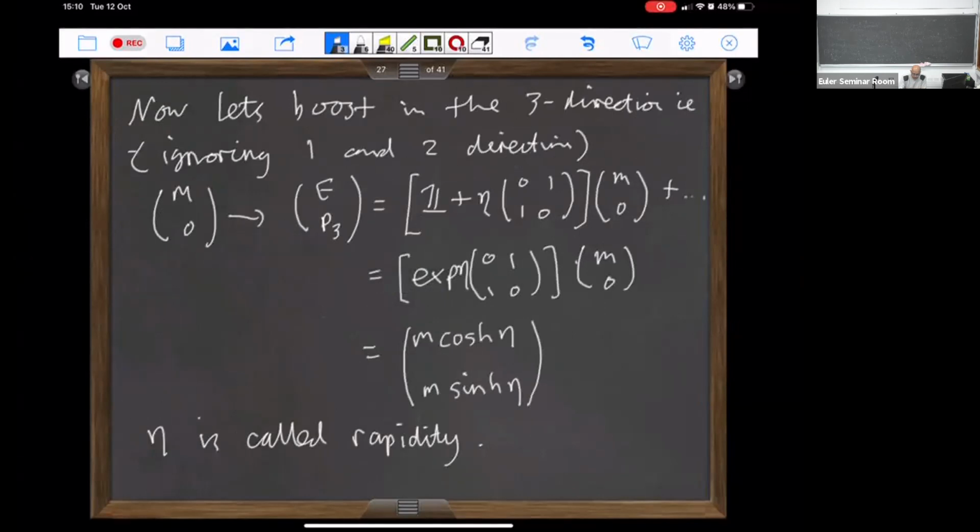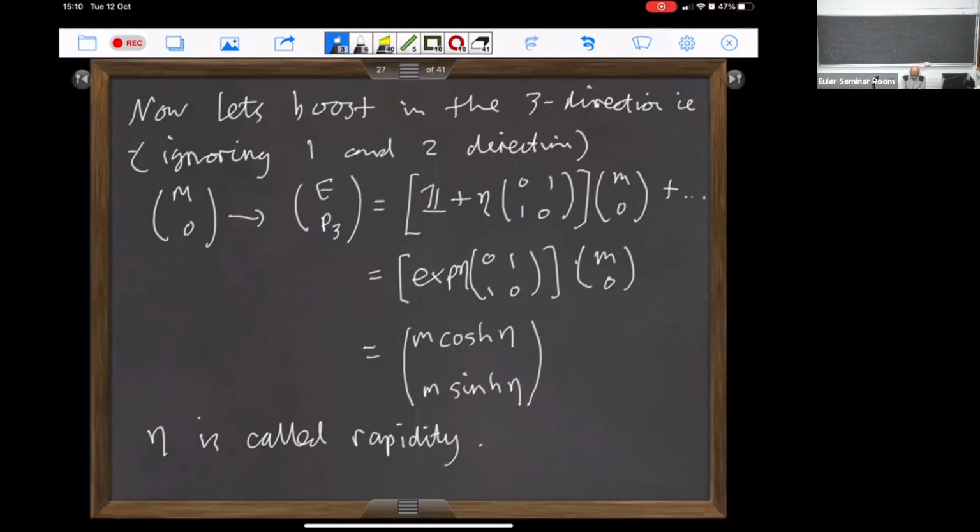Okay, so that was the solution in the rest frame of the particle. Now let's consider a boost in some direction, and we'll take that direction to be the third direction. So if I take the momentum vector (m, 0), here I'm just ignoring the 1 and 2 directions because the boost is only happening in one direction, so we end up with a 2 by 2 matrix.